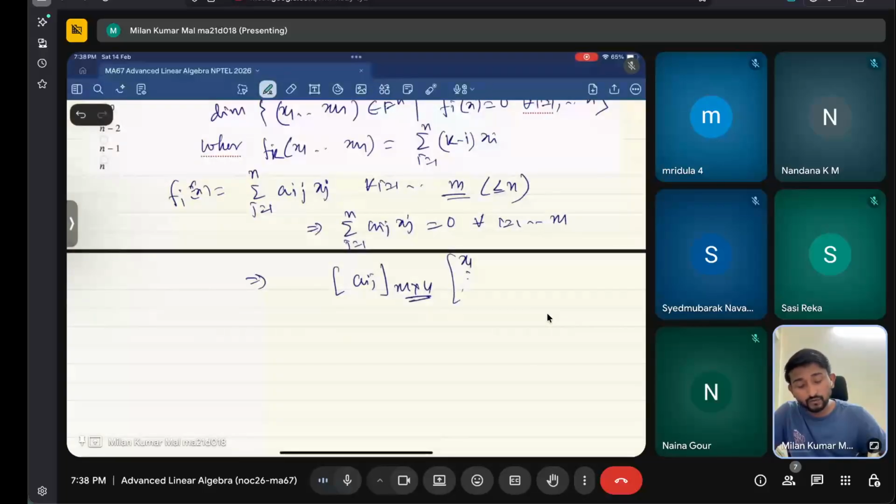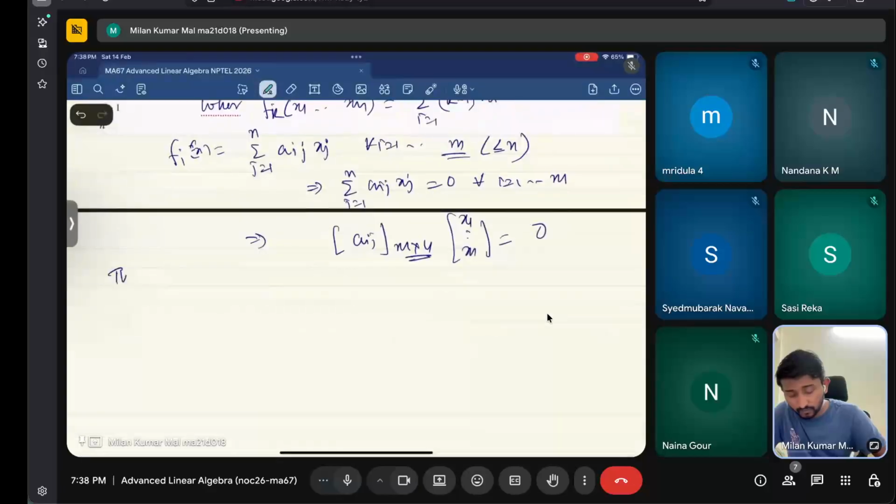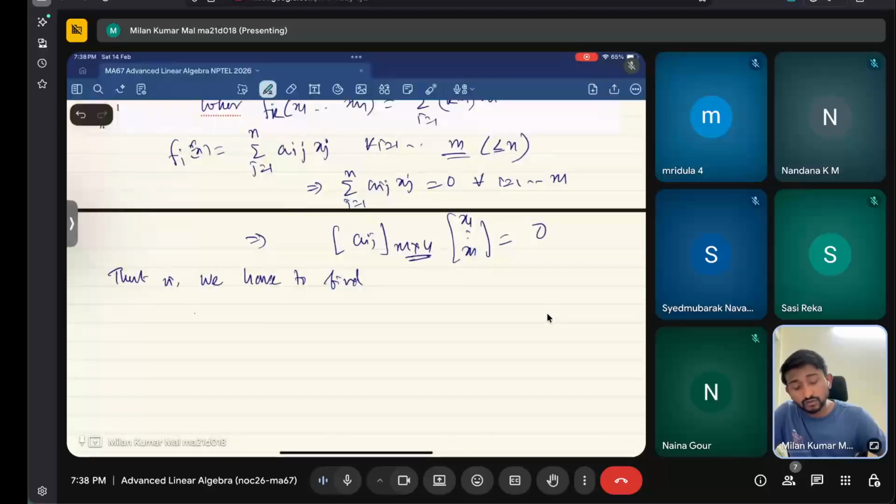So basically we have to find the dimension of the set of x belonging to Fn, just for generality, such that Ax equals 0, where A equals (aij).